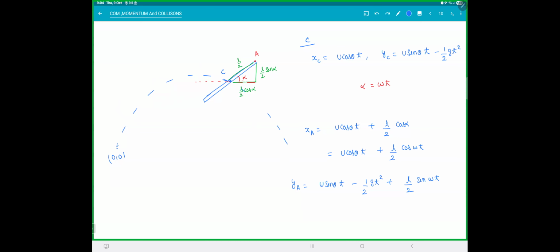Clear with this? Can you find the acceleration of point A? If I ask you this, find the acceleration of point A, what will you do for that? Omega is constant. Think, take a minute.